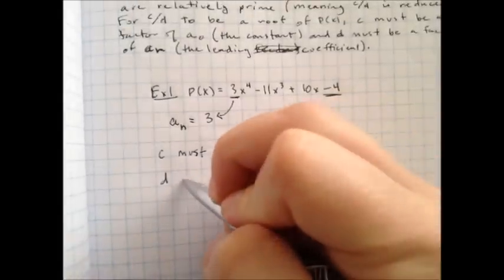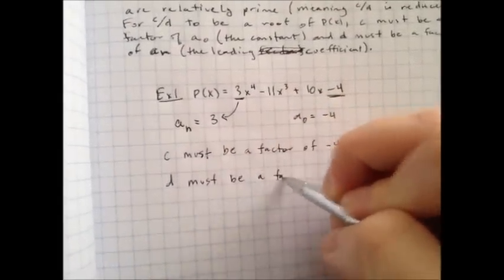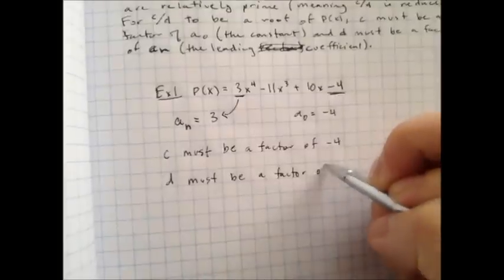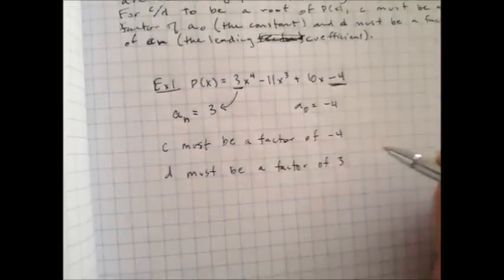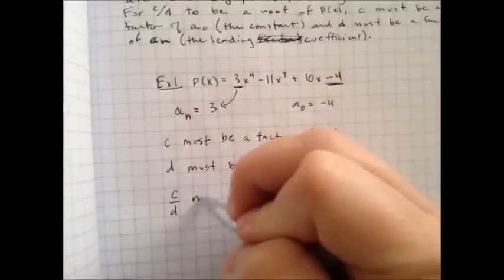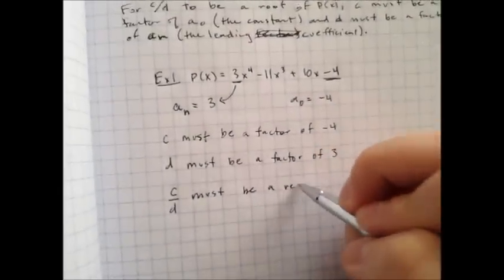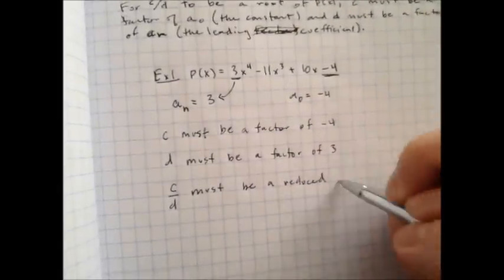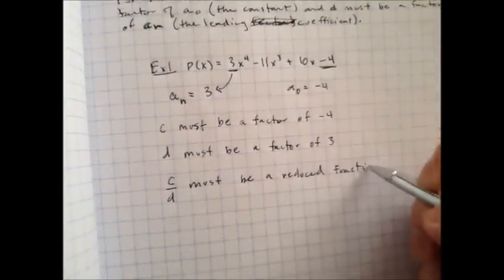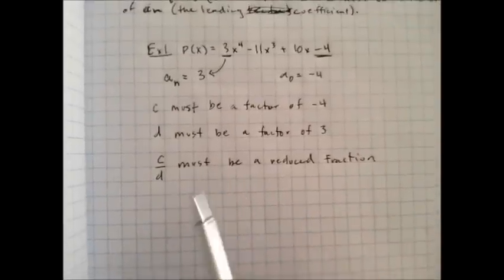And d must be a factor of 3. And that c over d must be a reduced fraction. We say that because c and d are relatively prime.